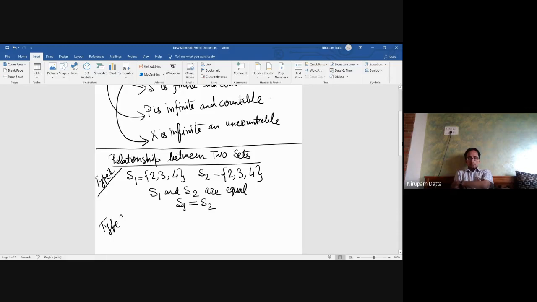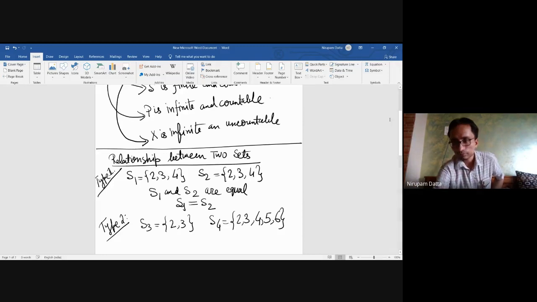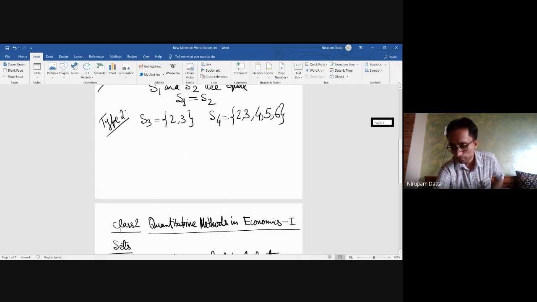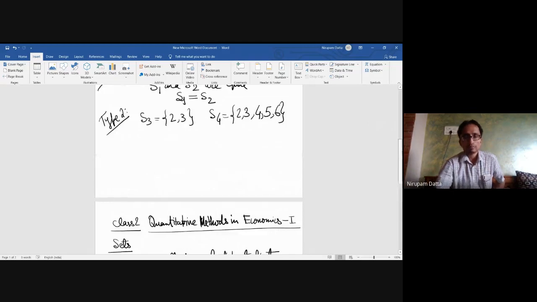Type 2: S3 equal to {2, 3}, S4 equal to {2, 3, 4, 5, 6}. So what is now the relationship between S3 and S4?